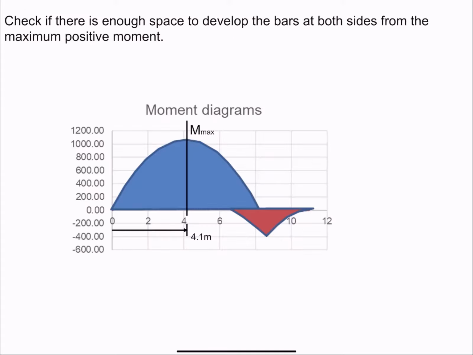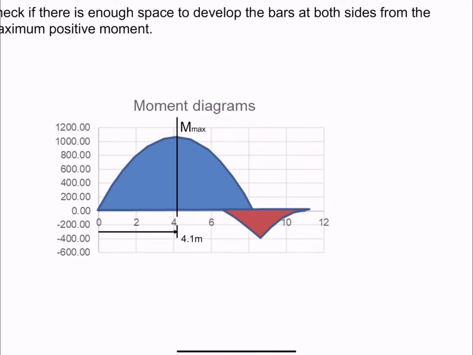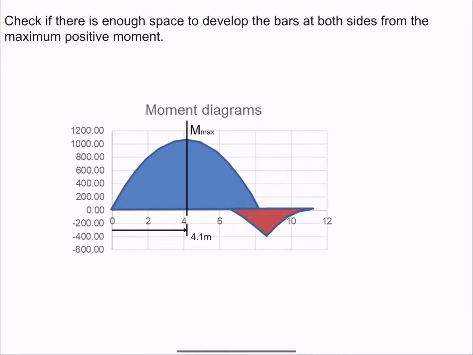For example, we have to check if there is enough space to develop the bars at both sides of the maximum positive moment. So here is my maximum positive moment. Here is what I need those bars to yield. And I have to check if I have enough space right and left to develop those bars.